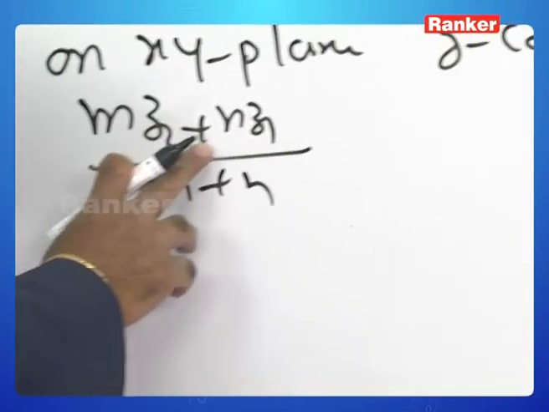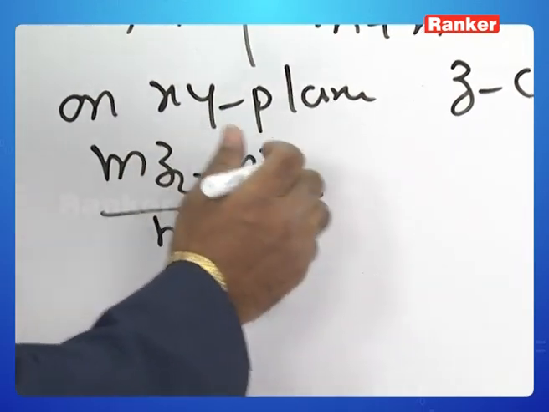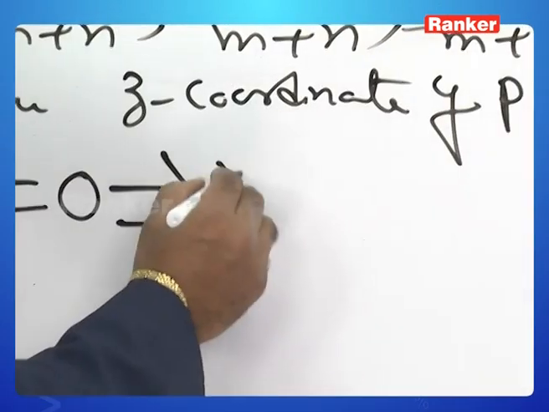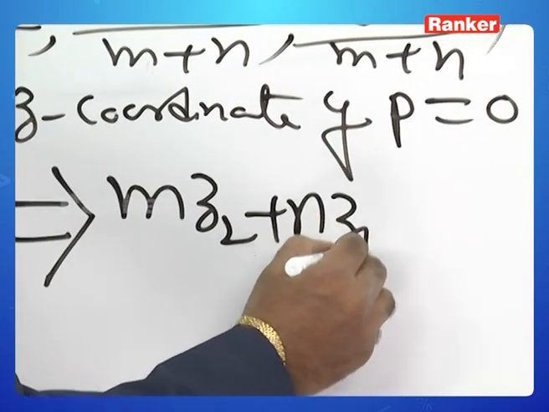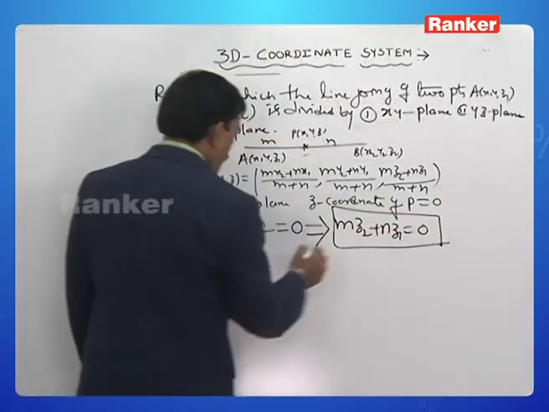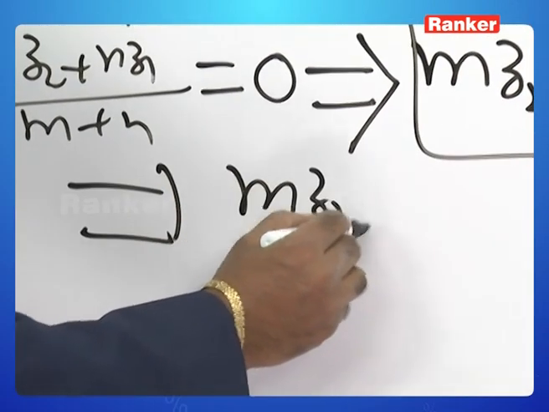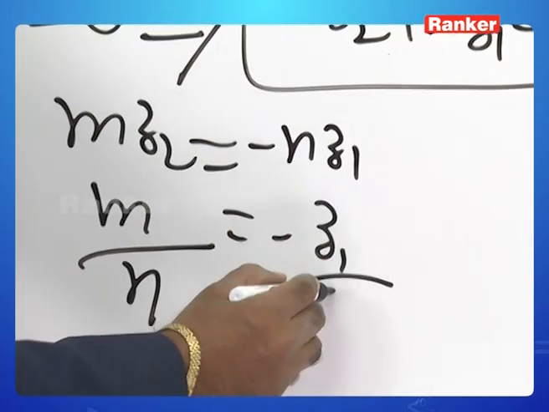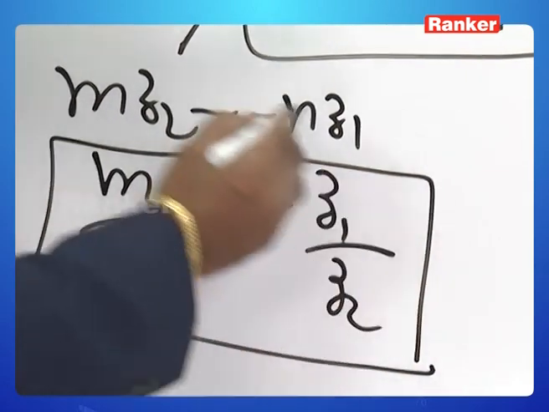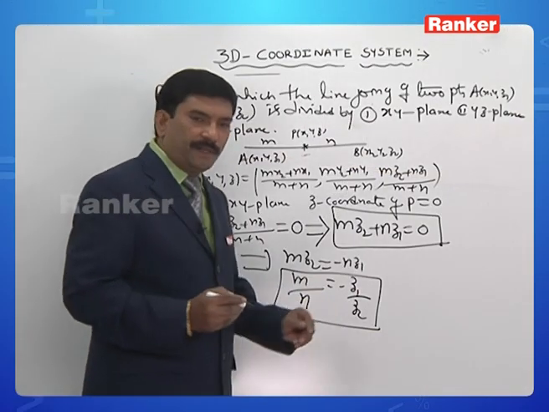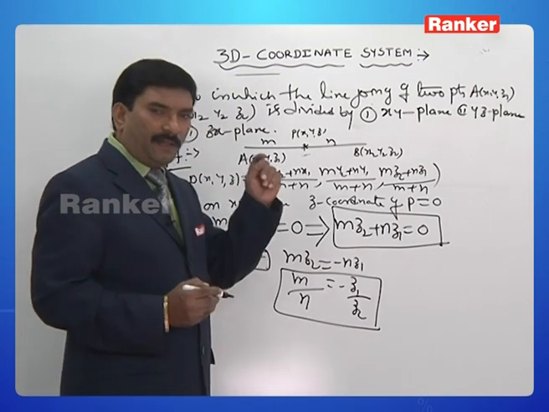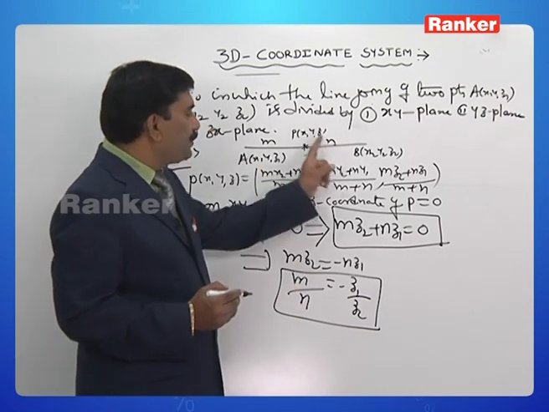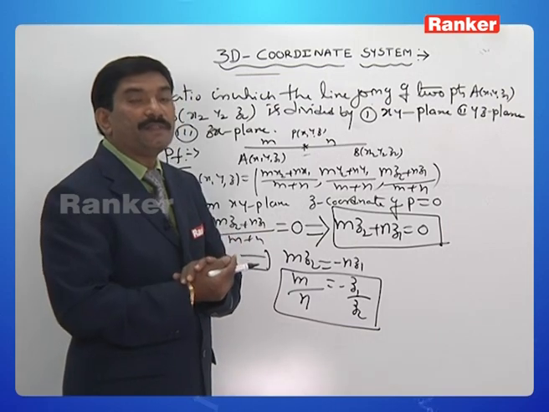So therefore, (mz2 plus nz1) by (m plus n) is equal to 0, which implies mz2 plus nz1 is equal to 0. So mz2 is equal to minus nz1, m by n is equal to minus z1 by z2, right? Therefore, the ratio in which the xy plane divides the line joining of 2 points is minus z1 by z2.